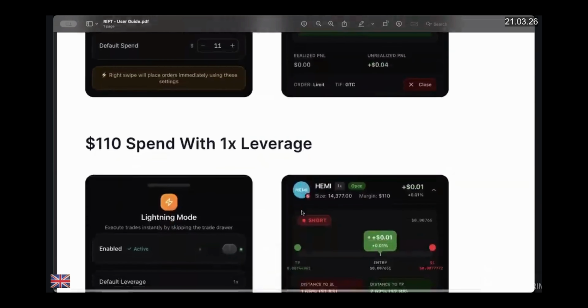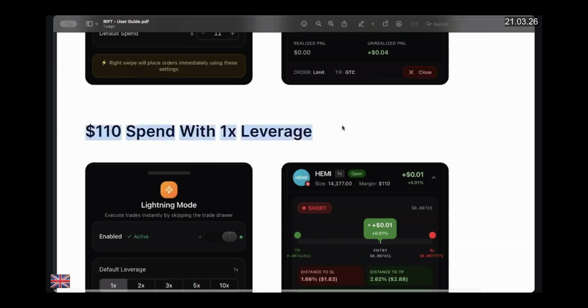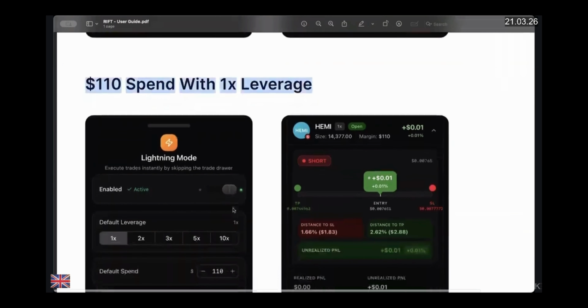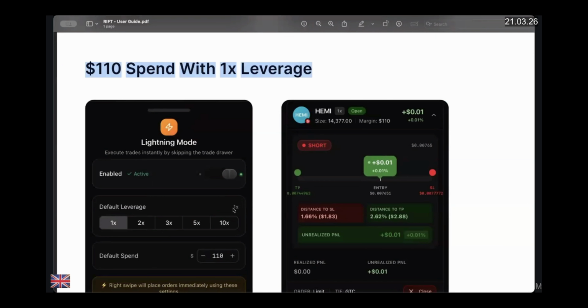So, and then we look at $110 spent with 1x leverage. If we increase the default spend, the distance to stop loss also increases in terms of the dollar value, but in terms of percentage it's almost the same with 1x default leverage. And distance to take profit is also increasing along with the dollar value and percentage.